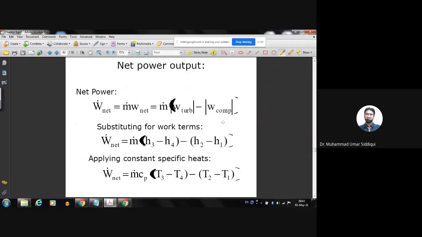So net work is m dot times the work of the turbine minus the work of the compressor. Work of the turbine is h3 minus h4. Work of the compressor is h2 minus h1. We can replace these with Cp (T3 minus T4) minus (T2 minus T1). Why do we replace h by Cp? Because we are applying constant specific heat. If it was not constant specific heat, then you would have to use table A17, and we could not apply this formula.